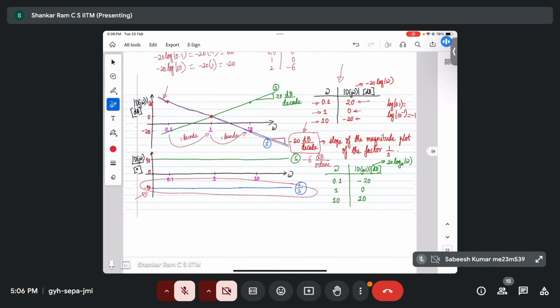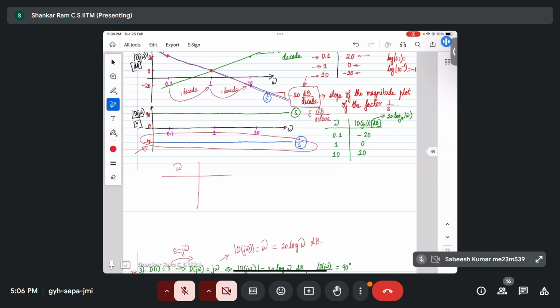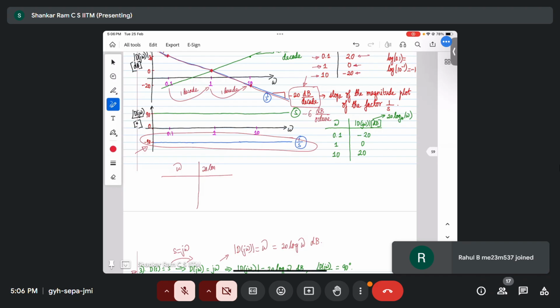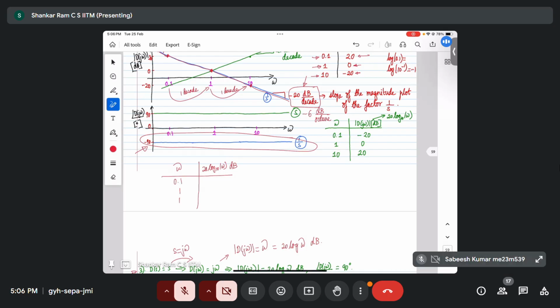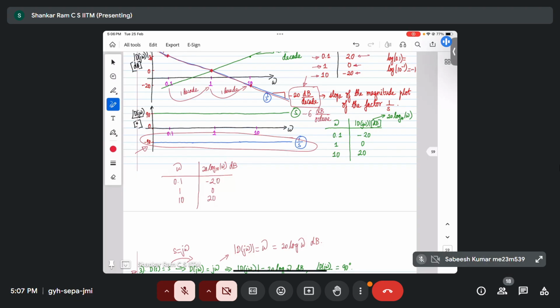So if we do the same thing now, right, as we did for 1 by s, we observe that the magnitude is going to be something interesting. Once again, if we plot one decade above and below the corner frequency of 1, at 0.1, 20 log omega will be minus 20. At 1, it will be 0. At a frequency of 10 radians per second, 20 log to the base 10 is plus 20.